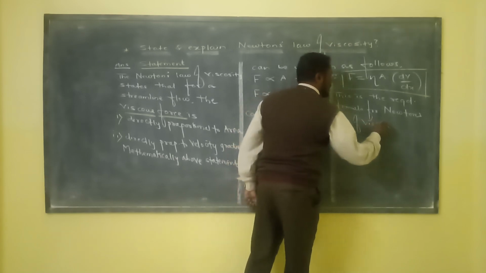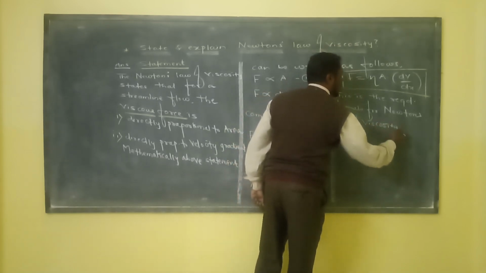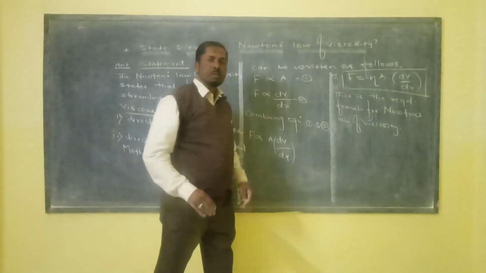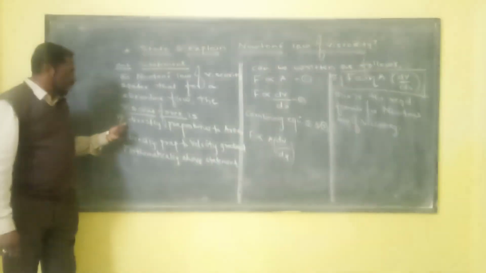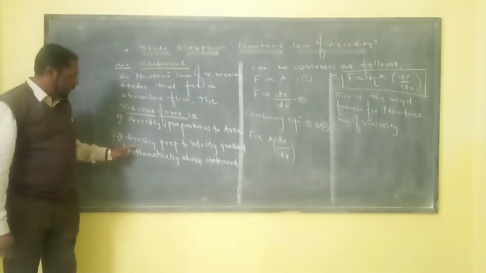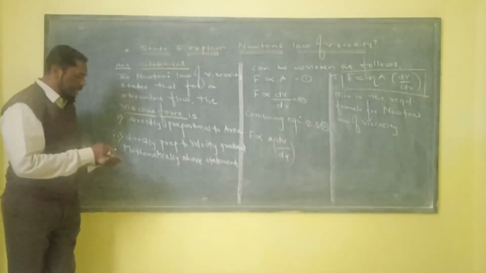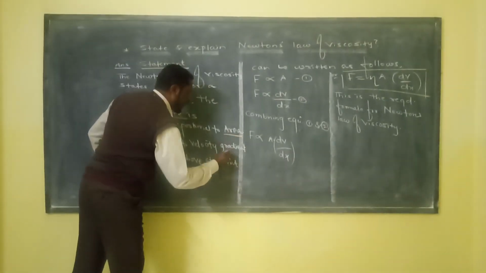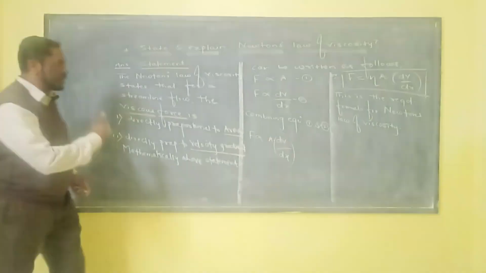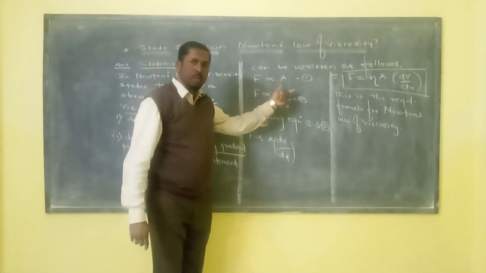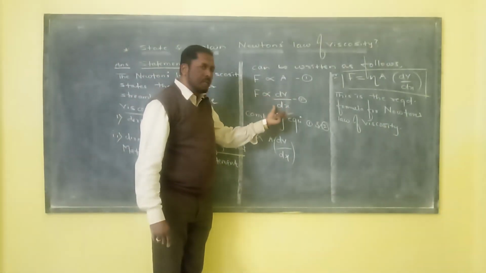What do we understand by Newton's law of viscosity? Newton's law of viscosity states that the viscous force is always directly proportional to area and directly proportional to velocity gradient. Mathematically, this statement can be written as F proportional to A, F proportional to dV by dx.